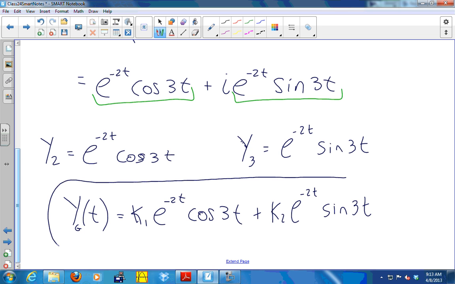And that's my scalar solution because I only came up with a y. If I also wanted the v to solve this associated system, I would just differentiate this thing. It's a little quicker than finding eigenvalues and eigenvectors. It's nice.